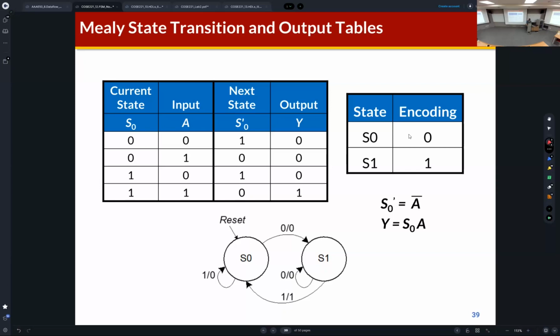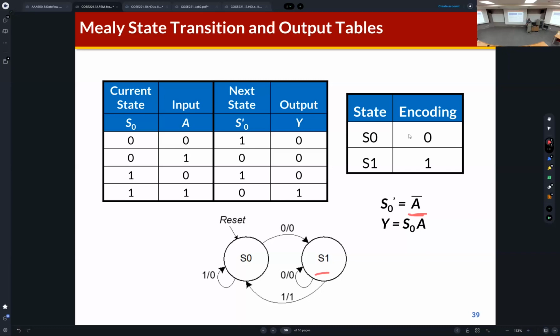Actually, you can find that the next state logic is A bar, the inverse of the input. This is because if we just detected input 0, then it goes to S1, because it's ready for detecting 1 for the next sequence.